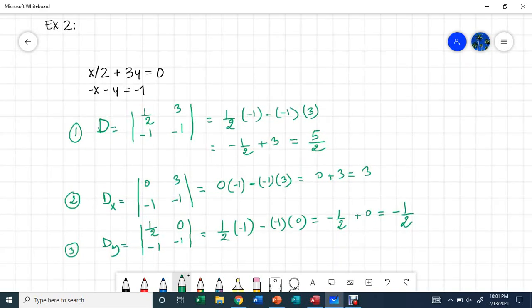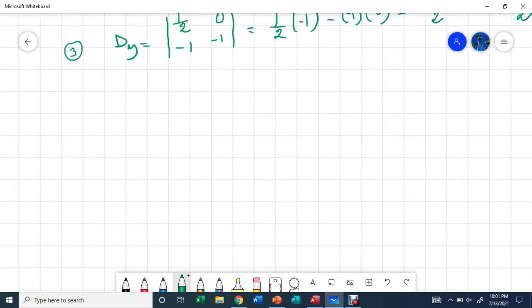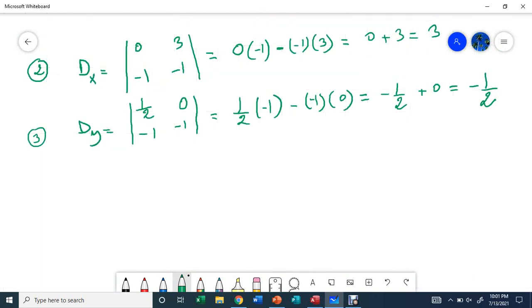And now step 4, solve for x and y. So x equals Dx over D. So Dx we found is 3 and D was 5 halves, which is going to be 3 times the reciprocal, 2/5, so that's 6/5 for x.